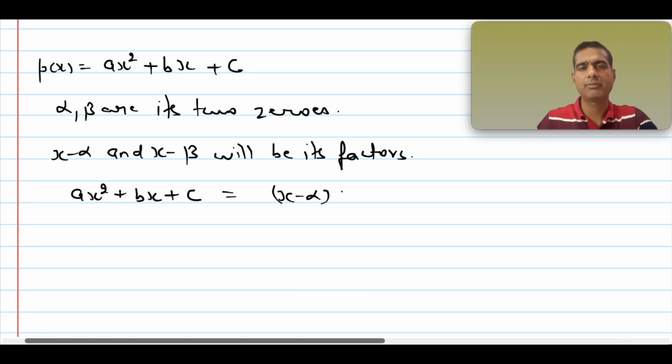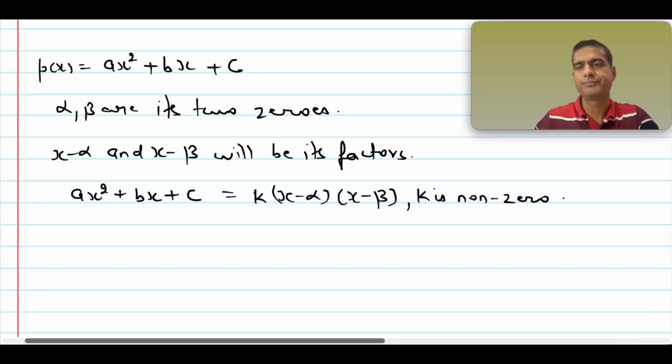x minus alpha times x minus beta, its two zeros, and for the coefficient of x square we may have to multiply by some constant, that is k. Even if we multiply by k to the right hand side, its zeros will remain same, and this k should be non-zero real constant.